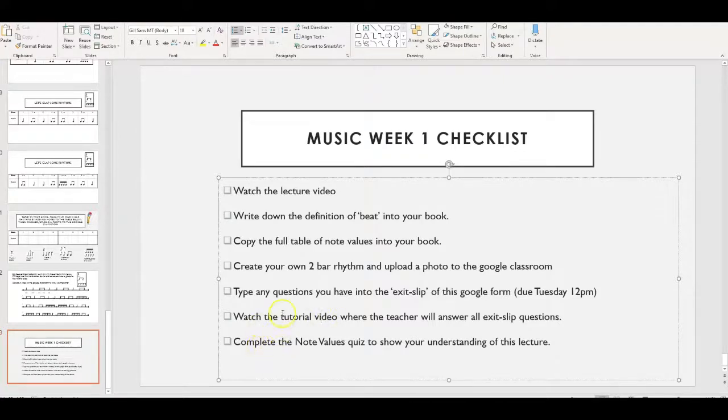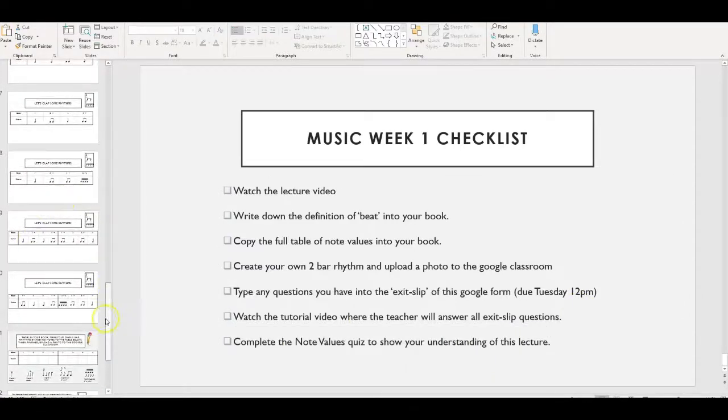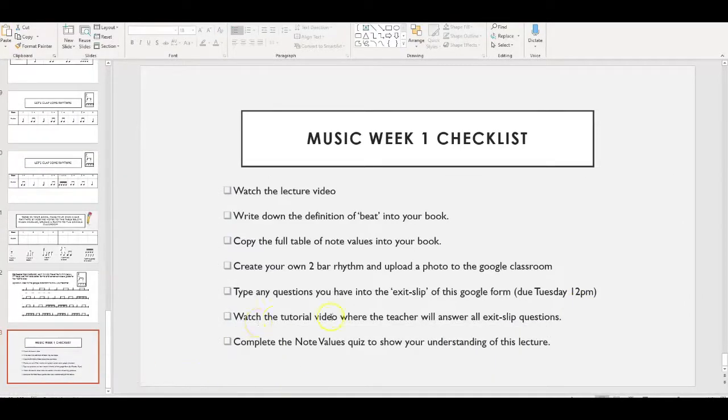Once you've finished watching that tutorial video on Wednesday, I encourage you to go and complete this note values quiz that is also in the Google Classroom. There'll be lots of questions based on the information that we've talked about in this lecture.